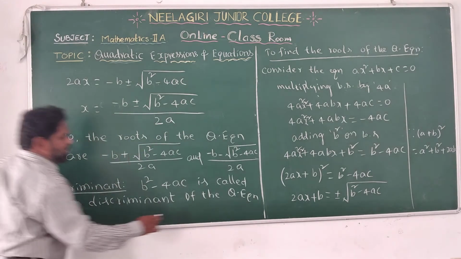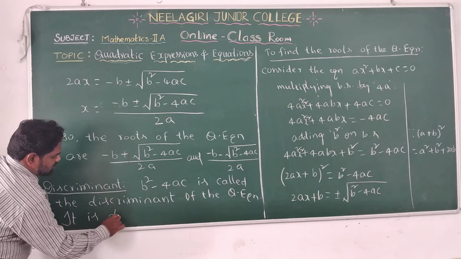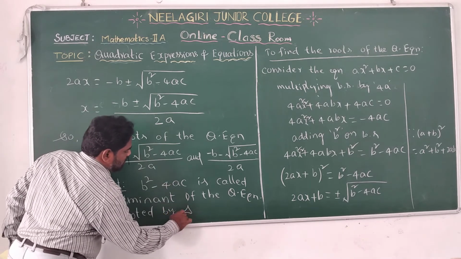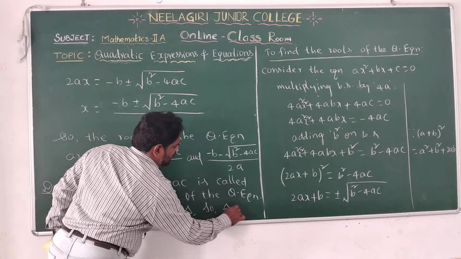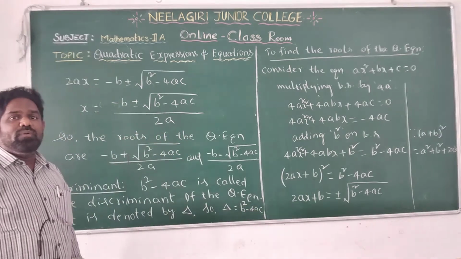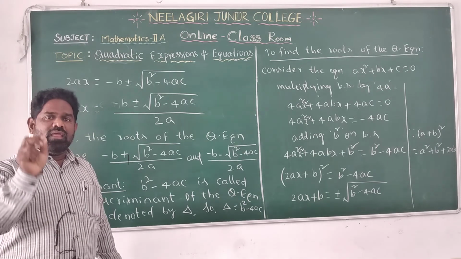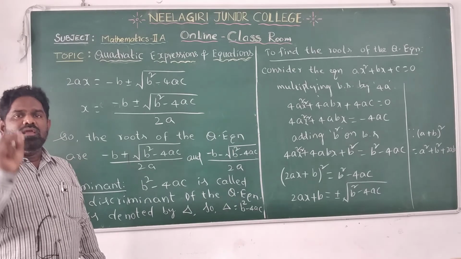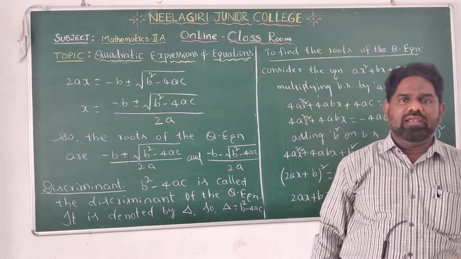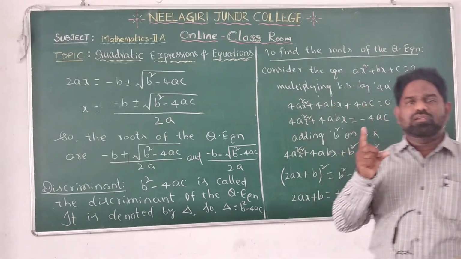It is denoted by delta, so delta equals b square minus 4ac. This discriminant is useful to find the nature of the roots of the quadratic equation. One more important thing: using these roots, we can find the sum of the roots and the product of the roots.